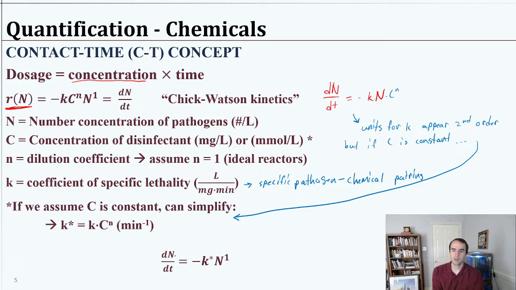And so then we are back to our typical case of dN/dt equals negative K times N to the 1 power.